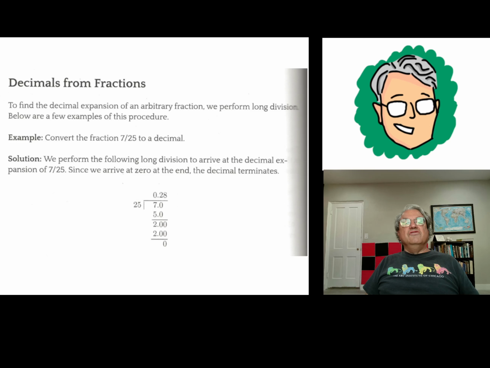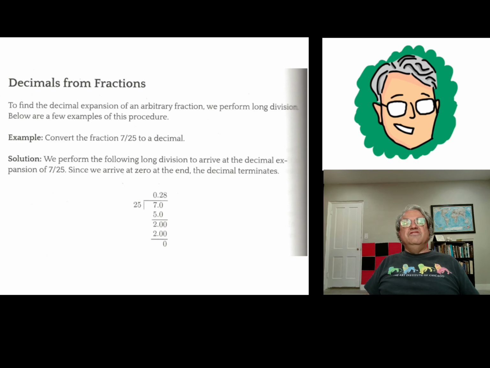And then the first step here is you want to find the largest multiple of 25 that's less than 70. I mean, we would start with 7, but since 7 is already smaller than 25, we know that the number before the decimal place in this quotient has to be 0. Because whenever you're doing a fraction that's less than 1, the decimal always starts with 0, as it does in this case.